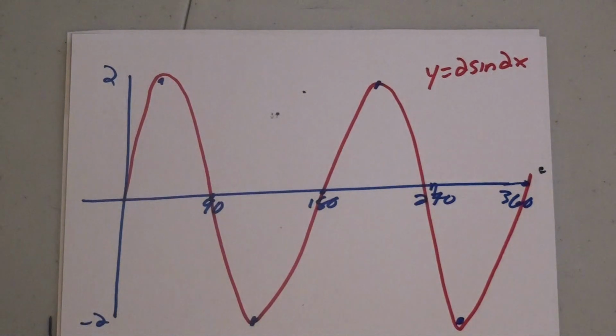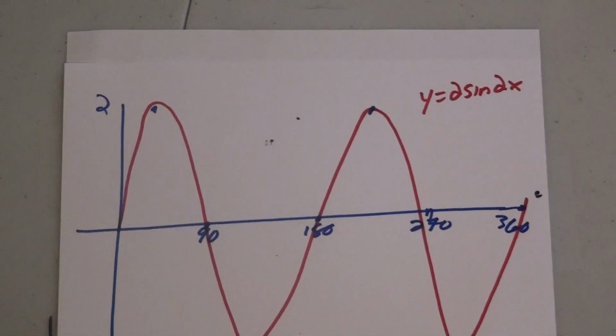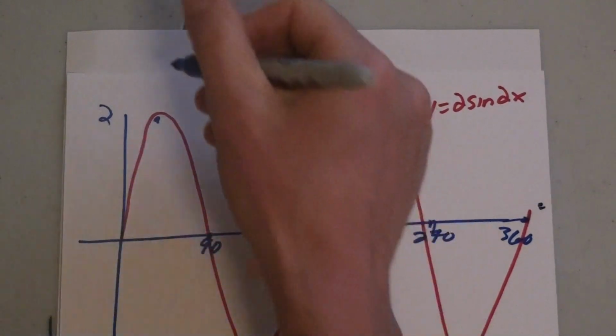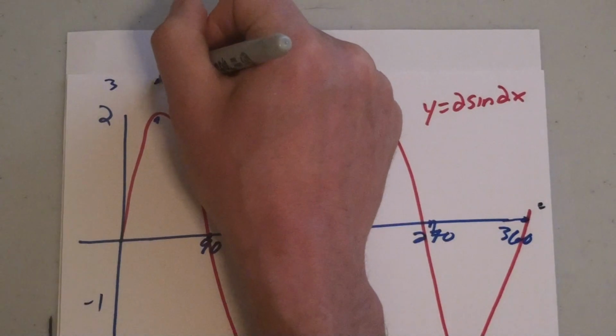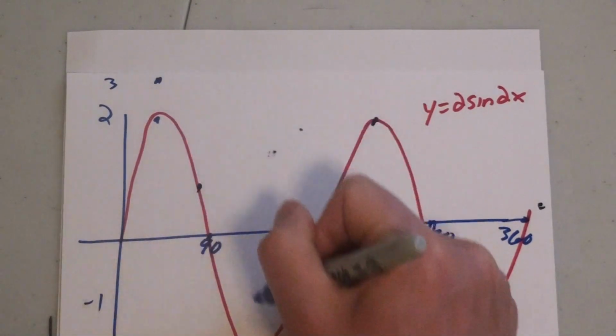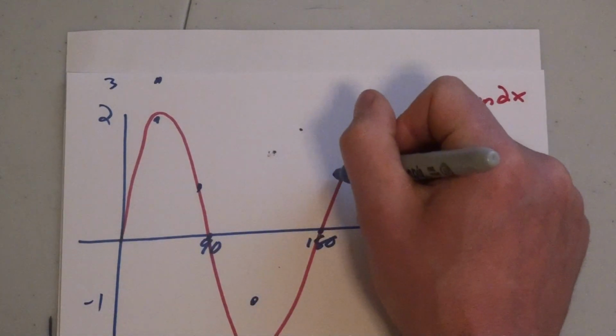Now we're going to change the principal axes, which had the +1. So I want to move everything up 1. So it's going to go to 3 and it's going to go to -1.